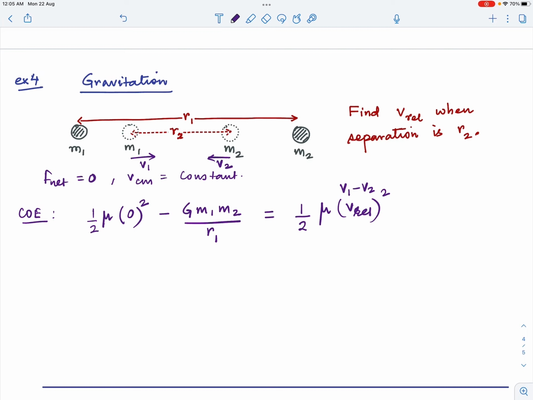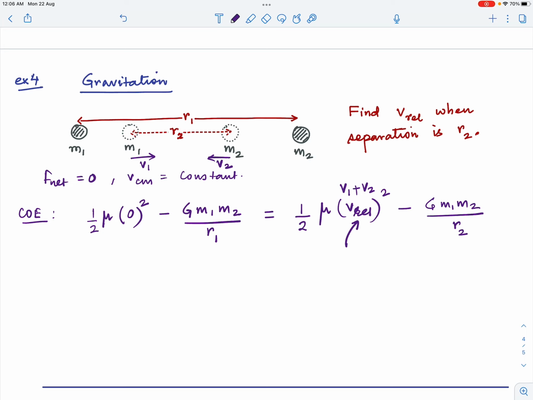V relative will be V1 plus V2 actually, but that will be V relative. So, I can directly write V relative here instead of V1 minus V2, and then the second term here will be corresponding to the potential energy. So, it will be minus G m1 m2 by r2.